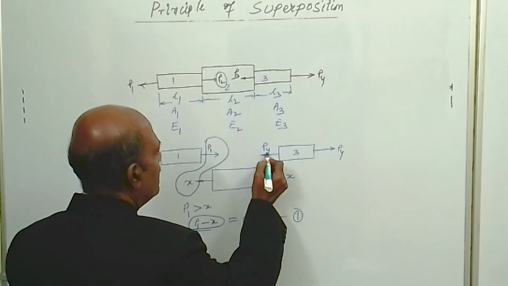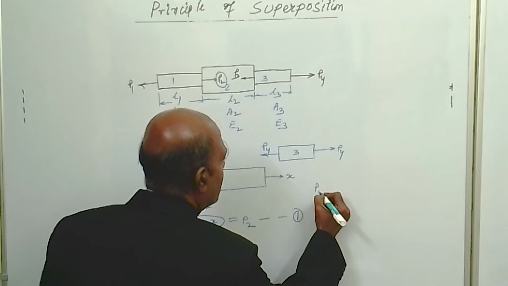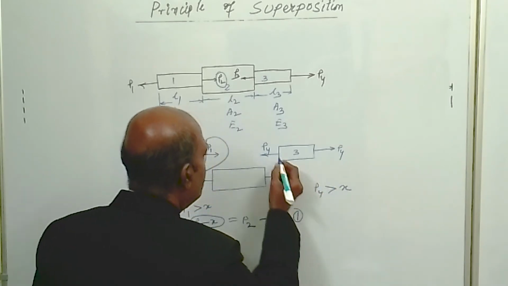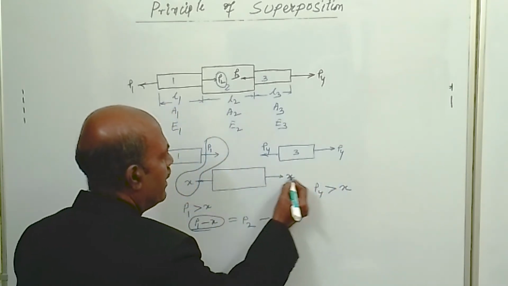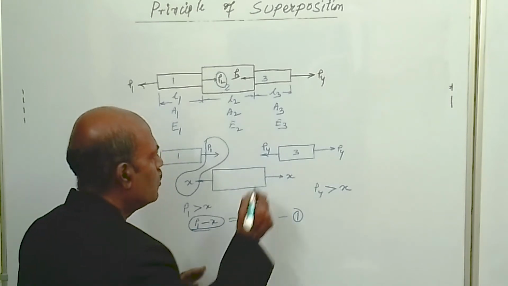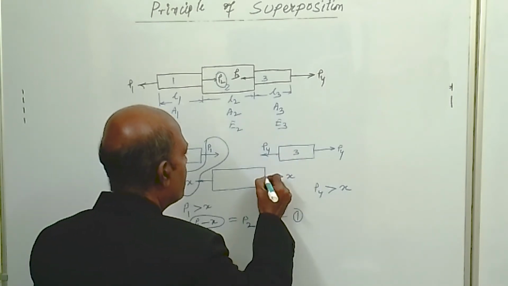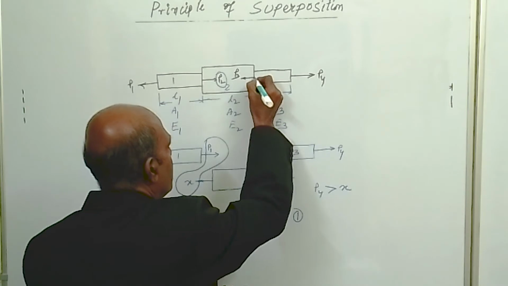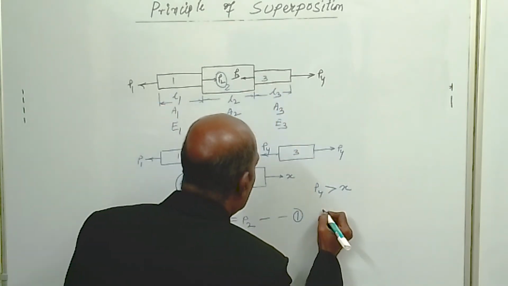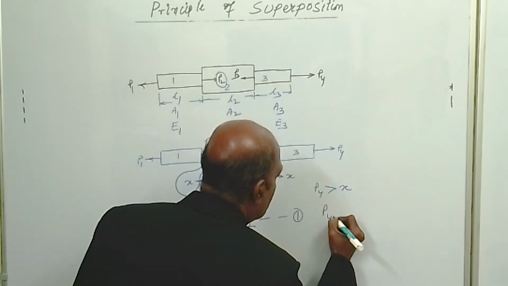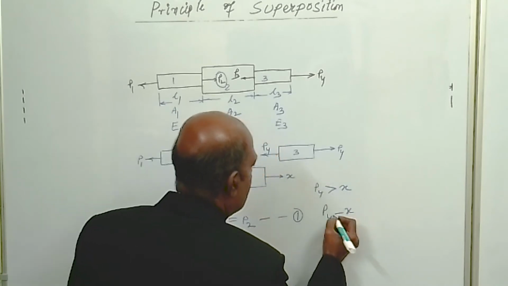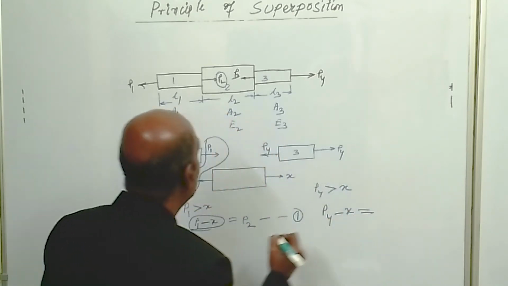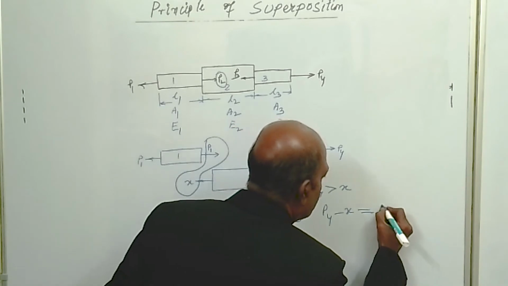Similarly, if P4 is greater than X, P4 is acting towards the left and X is acting towards the right. So at this interface, the sum of the loads is P4 minus X, and that will be equal to P3.